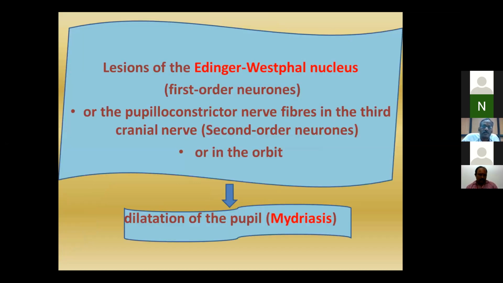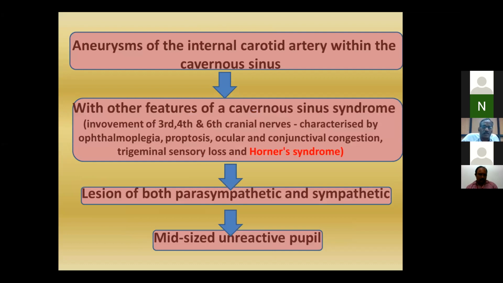Here, any lesion in the nucleus, the pupillary nerve fibers, or in the orbit can cause dilatation of the pupil, known as mydriasis. Next, aneurysm of the internal carotid artery with cavernous sinus abnormality, with features of cavernous sinus syndrome, causes ophthalmoplegia.